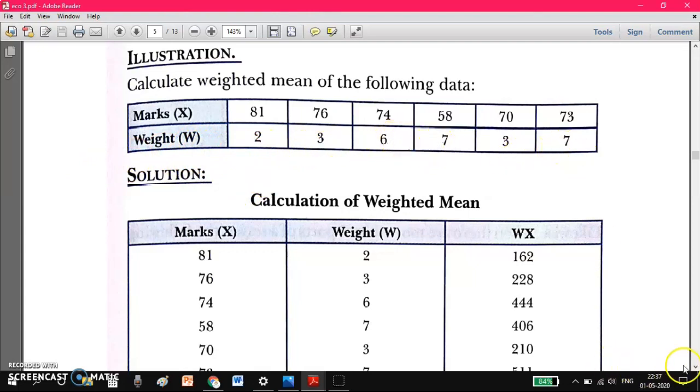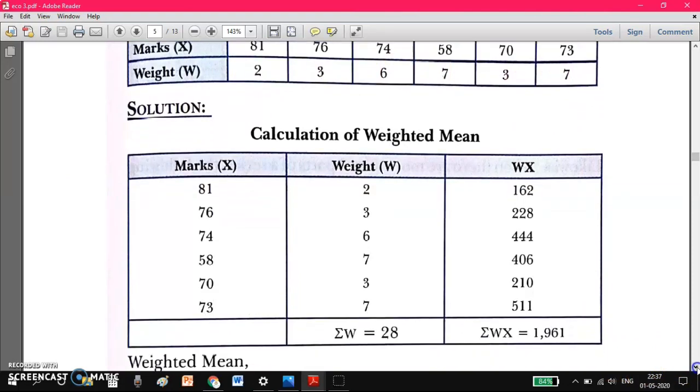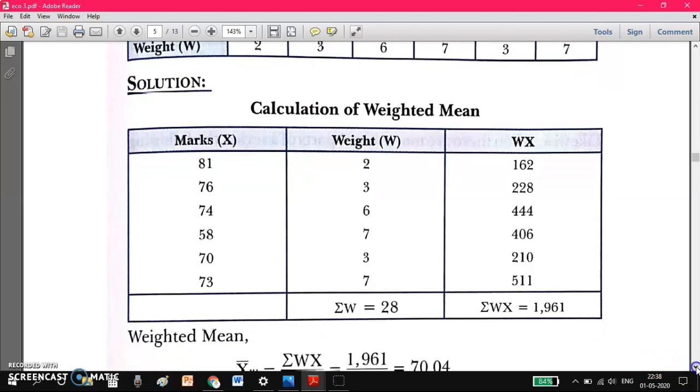So students, mark one thing, do write W here instead of F. Read what you are calculating and go according to that. You will multiply each and everything and do the calculation of W and X as well.